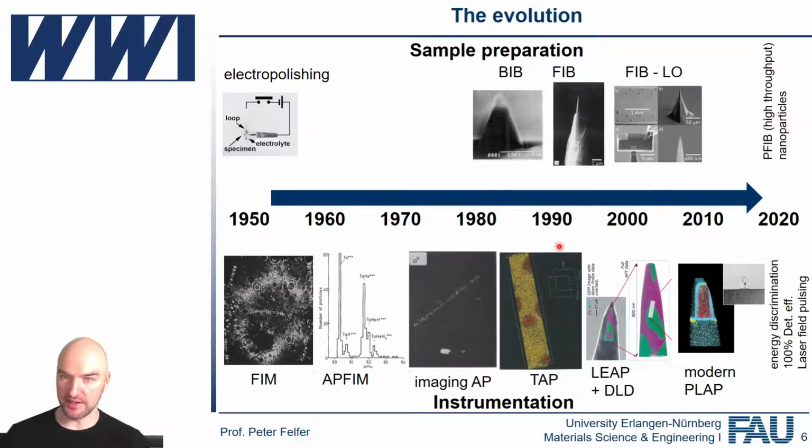So this is the current status, but obviously atom probe has been evolving for a long time. So most of you know it as probably analytically a new kid on the block, but really it's been around for a very long time, but only in the last 10 or so years it's really been adopted in materials research on a wide scale, with the reason being that the technology needed to catch up, and there's a variety of aspects of technology that needed to catch up with what we knew was possible.